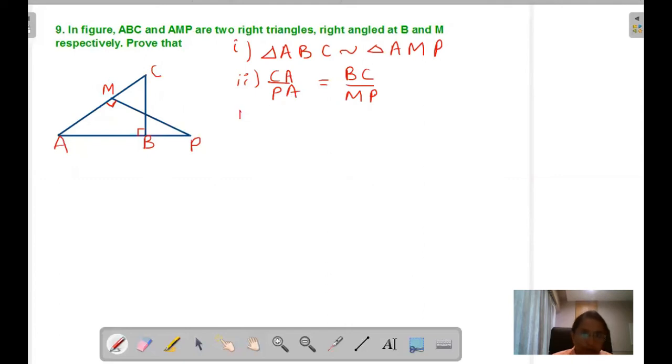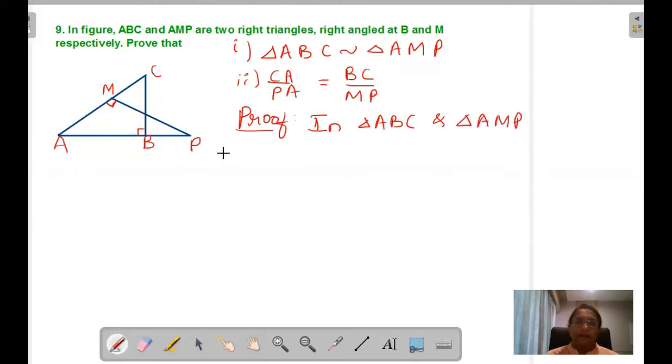Solution. Directly we'll take the proof. So first, triangle ABC is similar to triangle AMP. One can easily tell one angle is 90 degrees. So we'll write that in triangle ABC and triangle AMP, angle ABC is equal to angle AMP is equal to 90 degrees.